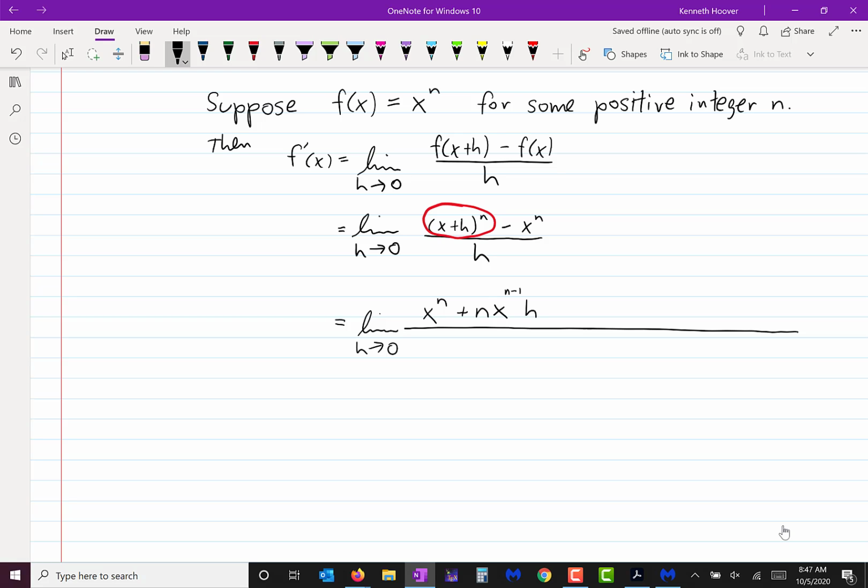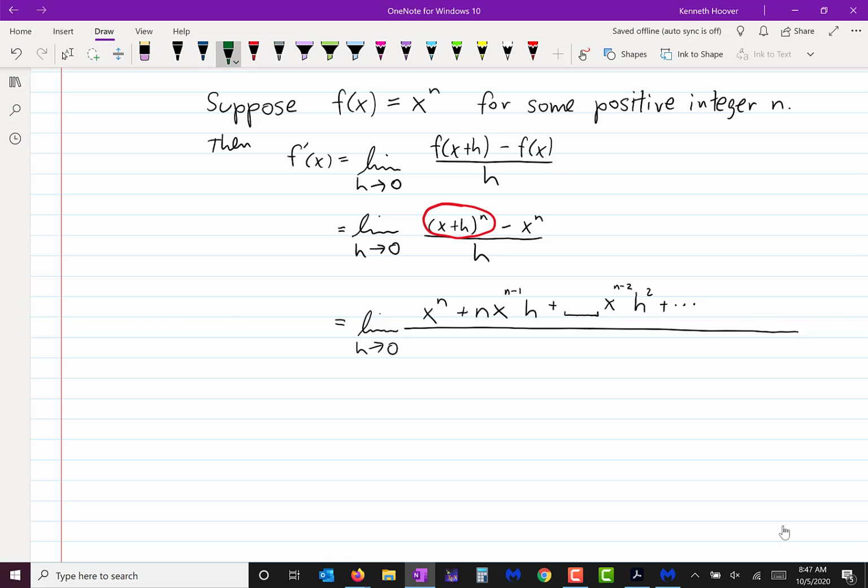And then the next term will be something we don't even need to worry about what that number will be. It's going to be x to the n minus 2 times h squared. And it continues like that. The power of the x goes down by 1, and the power of the h goes up by 1.